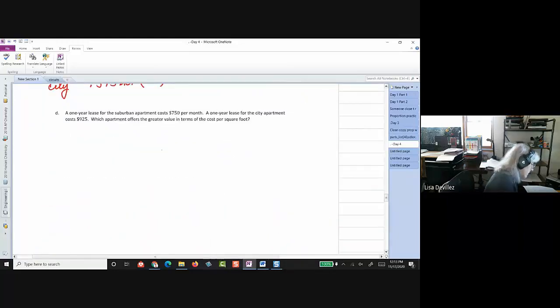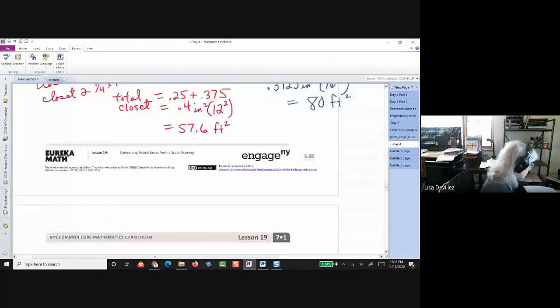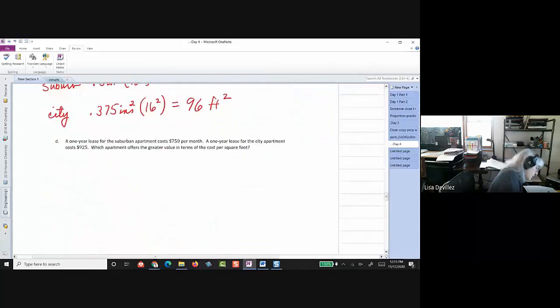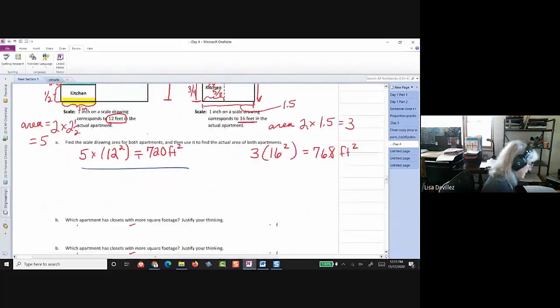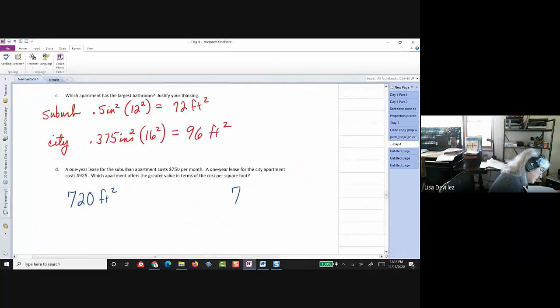All right, so 720 square feet versus 768 square feet. So this is our city, and this is the suburb. And so the suburban is $750 per month.